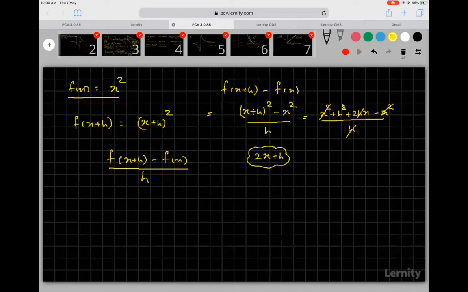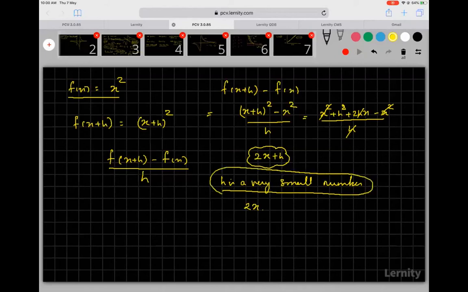Now if I further say that h is a very small number, now I can say it is equal to 2 times x. Now mathematicians don't want to write that. They want to have symbols for everything.